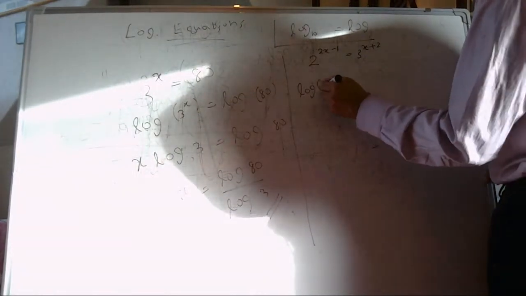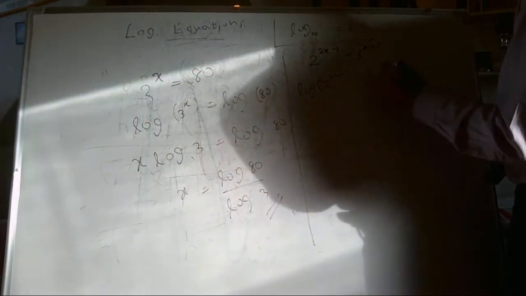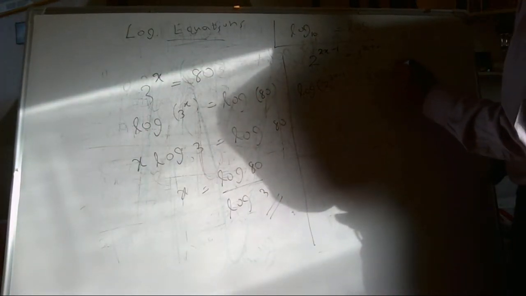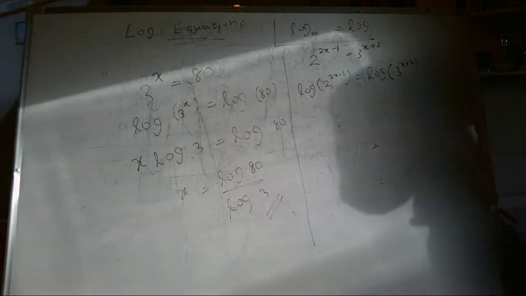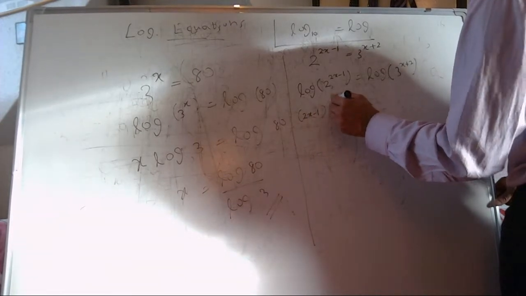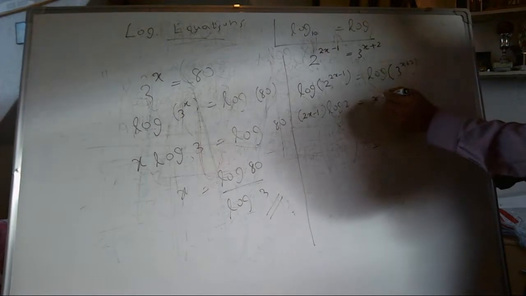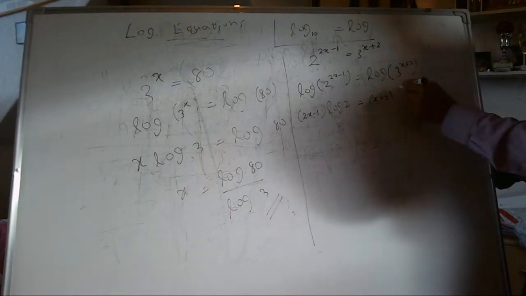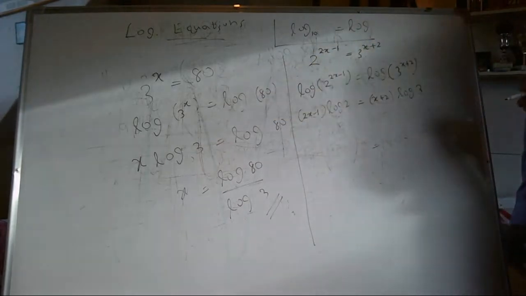So log 2 to the 2x minus 1 equals log 3 to the x plus 2. Now that's the same as 2x minus 1 times log 2, and this is the same as x plus 2 times log 3. All I'm doing is using the power law to bring these powers down.